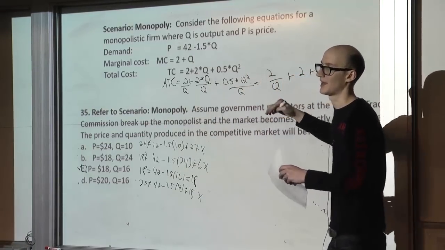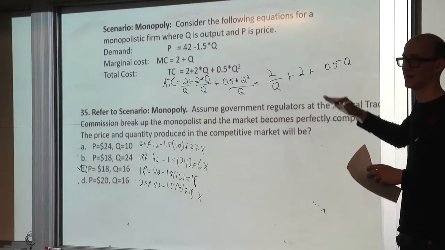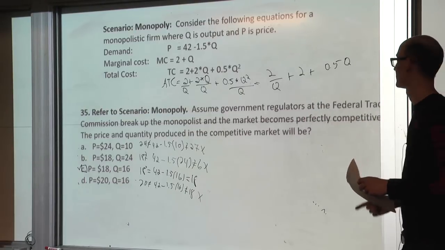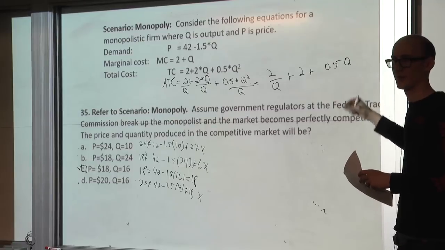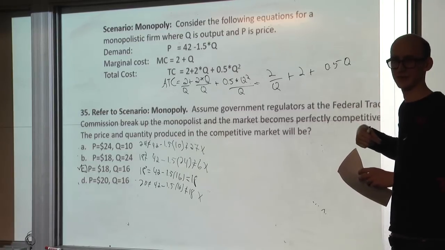We know that in a competitive market, it minimizes average total cost, right? So whichever one is smaller, if they're both on the demand curve, would be the right answer, okay?